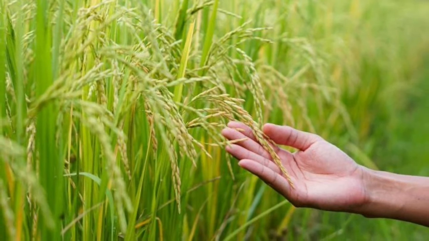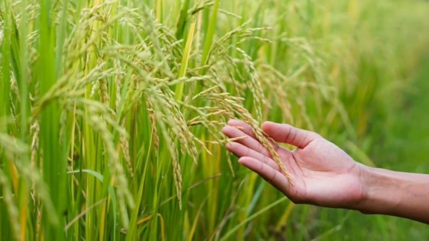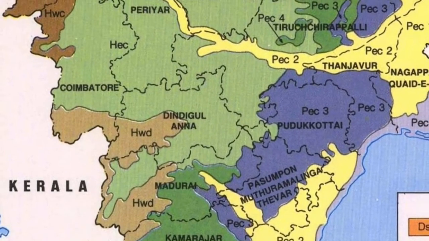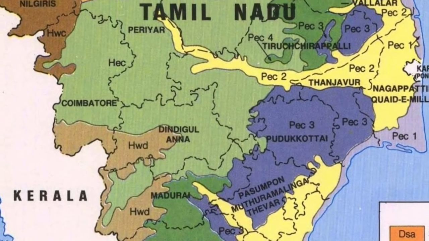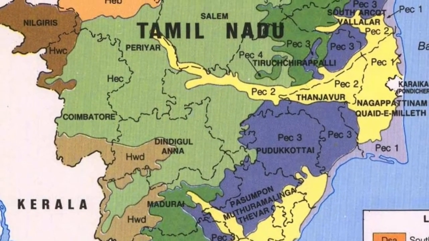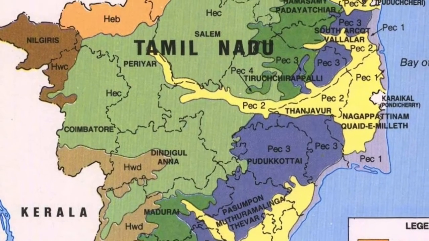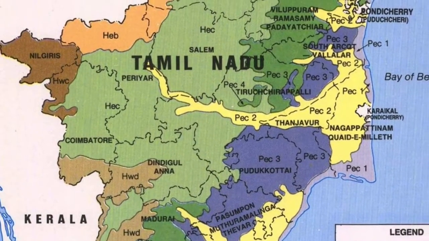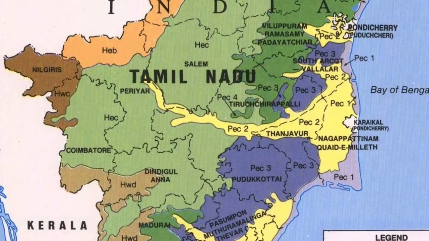It ranks third in the production of rice among the states of India. The deltaic region of river Kaveri is the major rice producing region of Tamil Nadu. So, this region is rightly called the granary of Tamil Nadu.